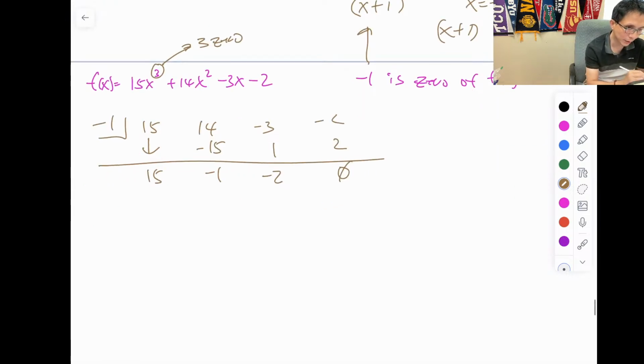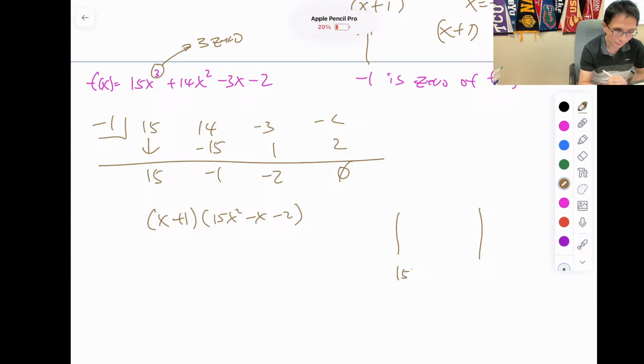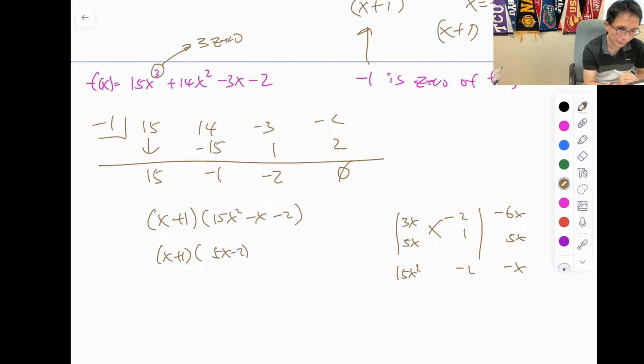So it's going to be x plus 1 times 15x squared minus x minus 2. Is that okay? Can I factor out the rest of them? So 3x, 5x, I'm going to do 2 and 1, 6x and 5x, this one to be negative. So it'll be x plus 1 times 5x minus 2 times 3x minus 1.